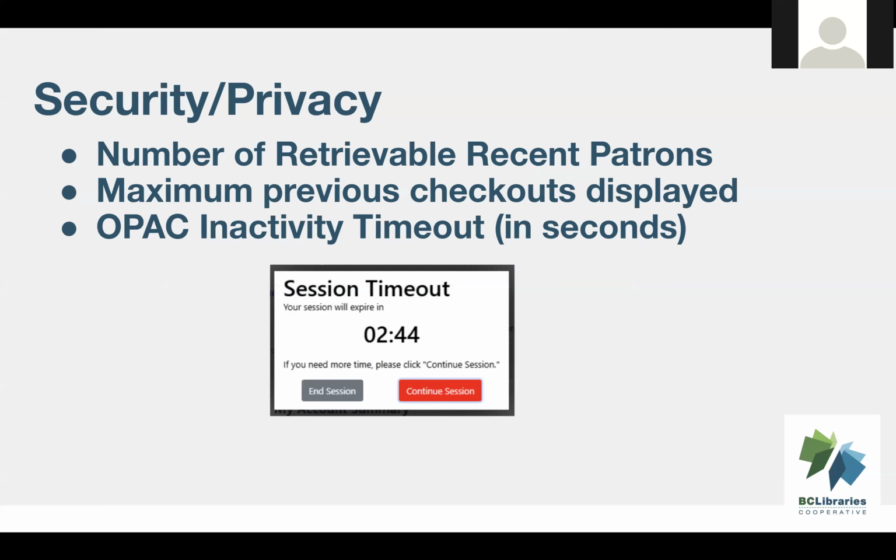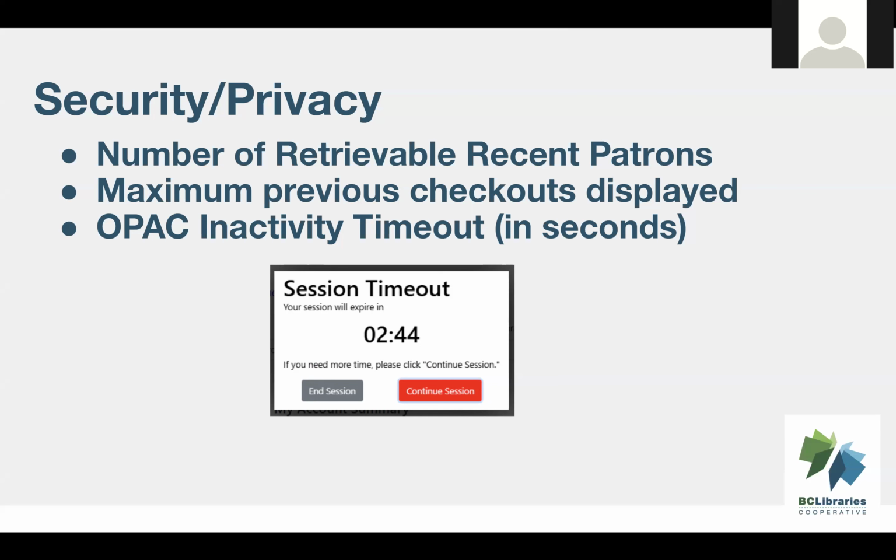Now, on the security and privacy side, there's a few settings that I definitely recommend looking at, thinking about what you want for those values. The first one is number of retrievable recent patrons. This is how many patrons can be retrieved.